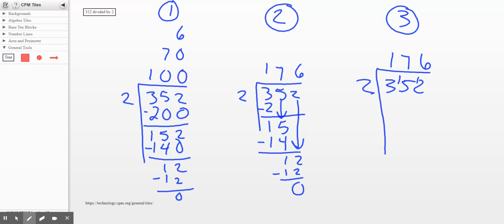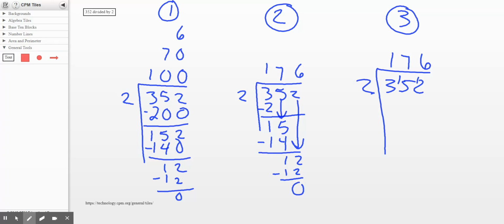When I look at method 1, I know that I am representing the value of each of the base 10 blocks, and I'm writing everything out fully. So it's a value of 100 in each pile. It's a value of 70 in each pile, and it's a value of 6 in each pile. When I look at method 2, I can see a quantity listed there. I can see the quantity of hundreds in each pile is 1.